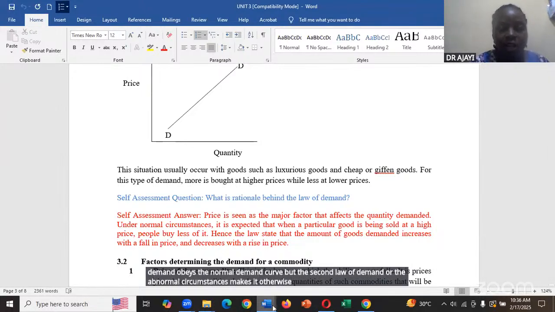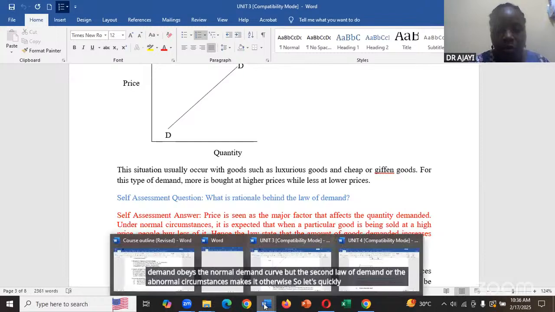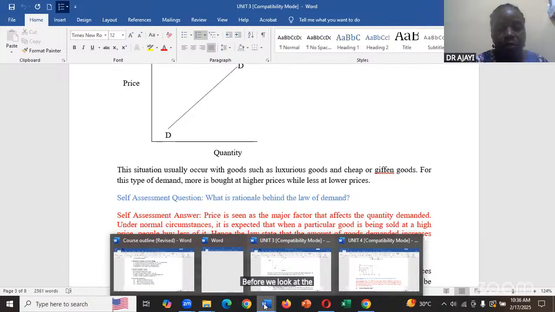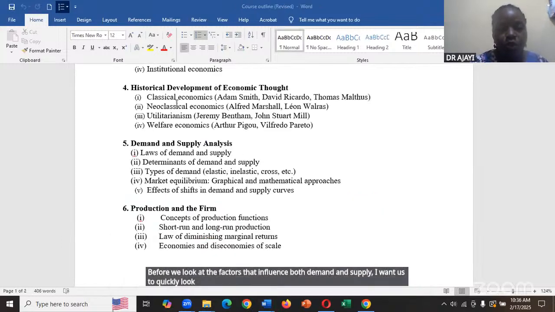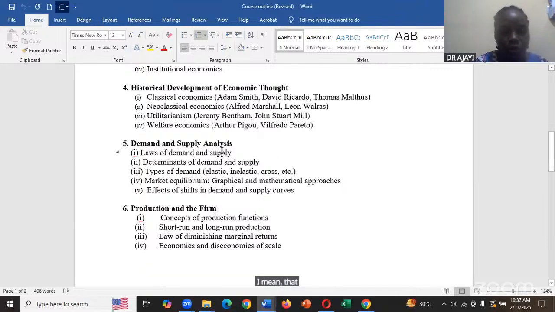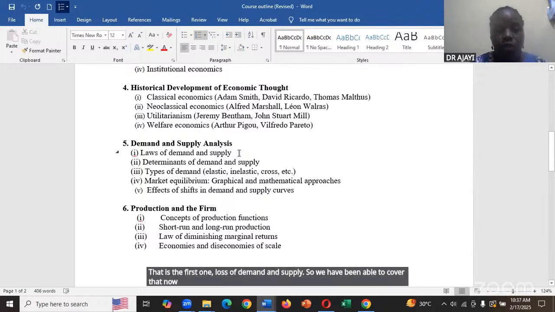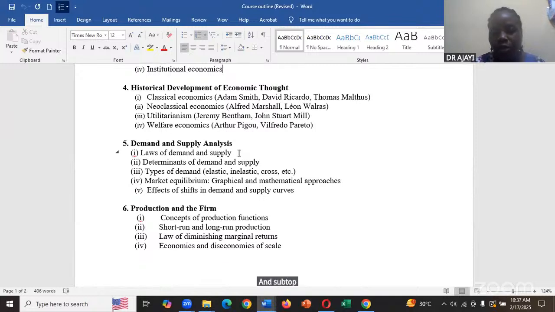Before we look at the factors that influence both demand and supply, I want us to quickly look at our outline to see which one we missed out. The first one is the laws of demand and supply. We have been able to cover that now. I will ask if you have any question on this before we move on to the second subtopic, the determinants or the factors.